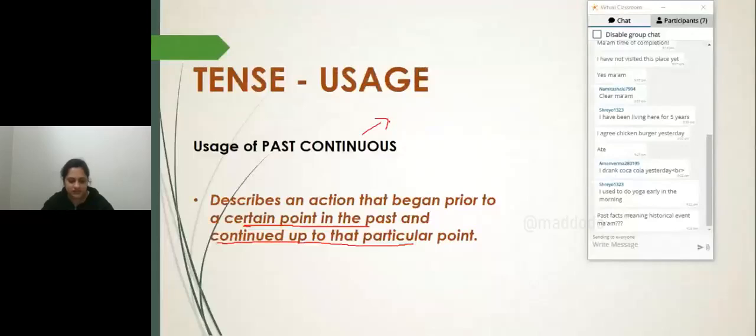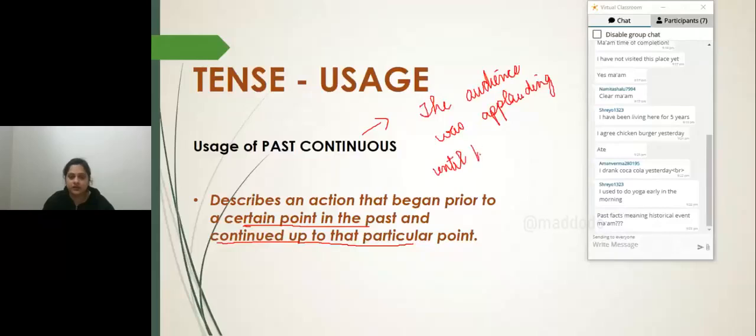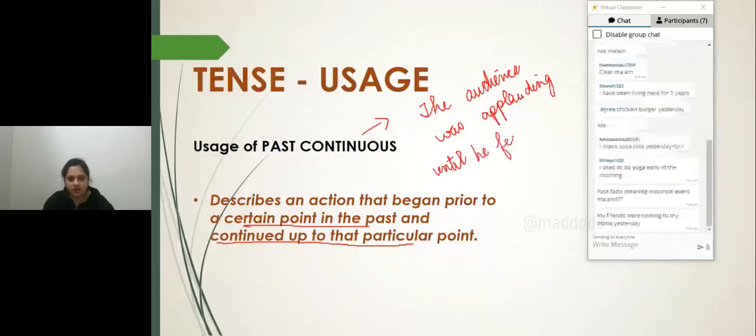Okay, guys, past continuous example. Any example, simple one also. The audience was applauding until he fell off the stage, right?